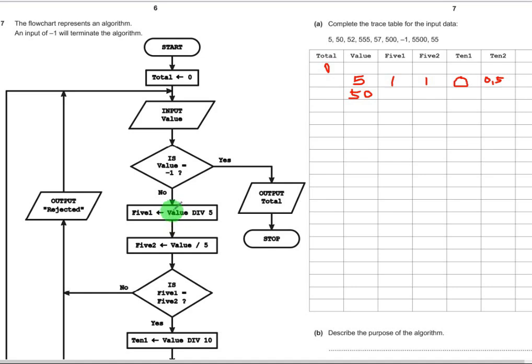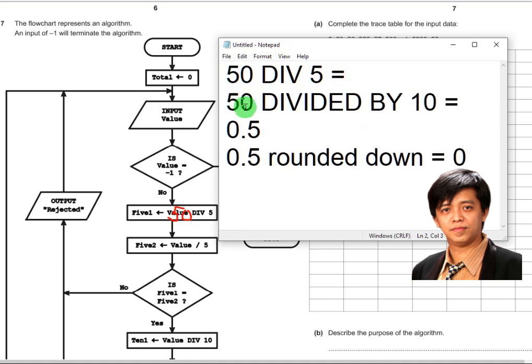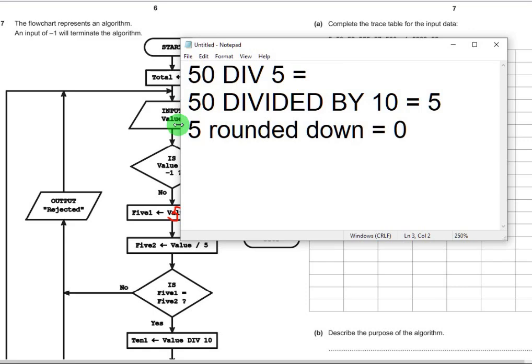Now 50 div 5. What is 50 div 5? Hey, wait.